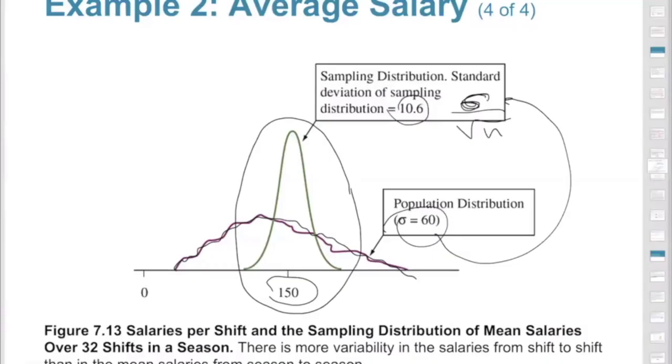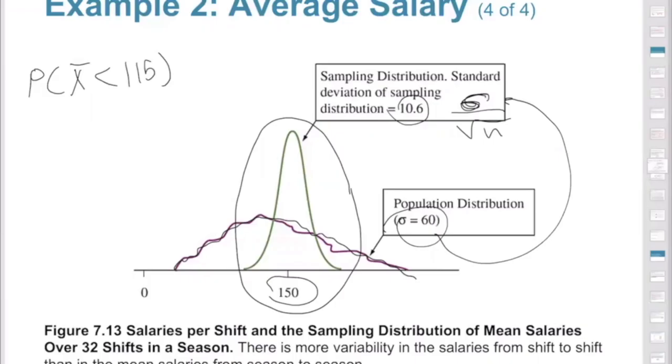You can use it to make any inference about the salary. Maybe you need to calculate a probability, like what is the probability that X bar, the average salary, is less than 115, for example?